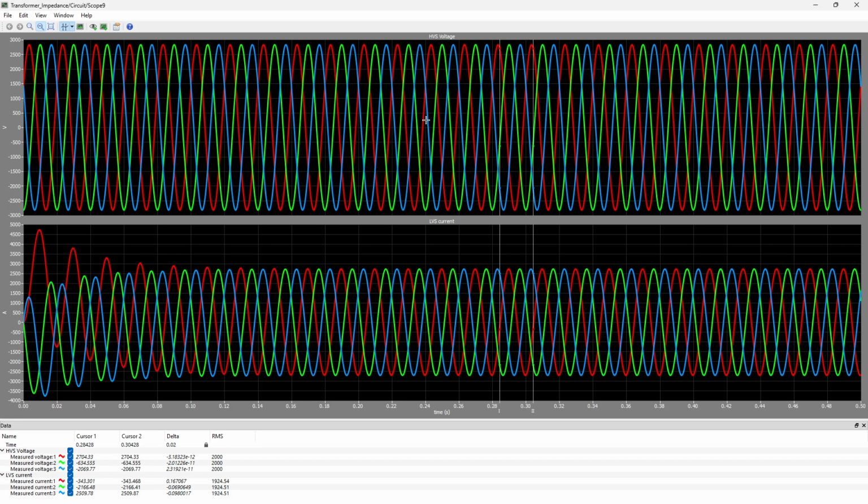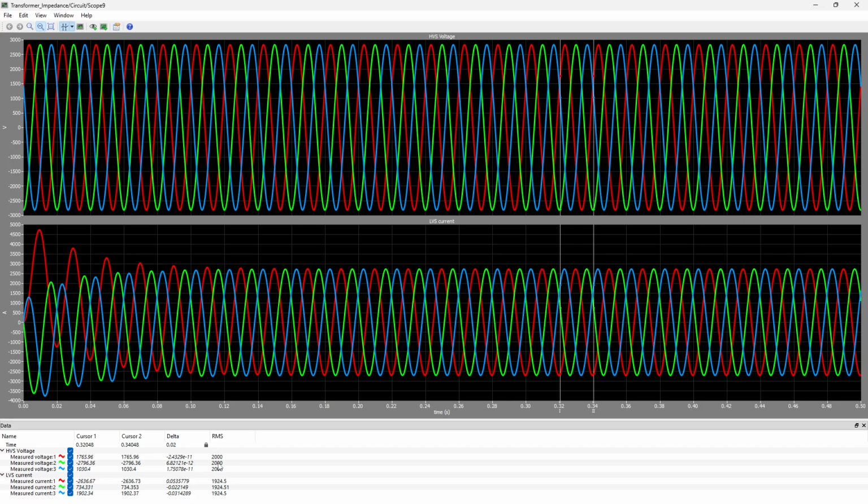If you remember, we had a short circuit impedance of 10%. That means if we take cursors, take one period of 0.02, and measure the steady state value, we had considered the high voltage side to be 20 kilovolts and 10% of that is 2 kilovolts.